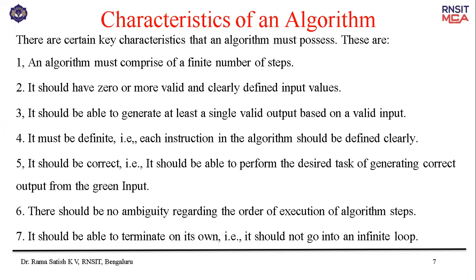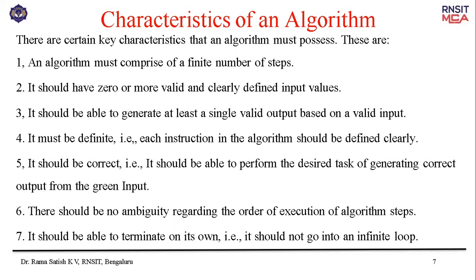Next, characteristics of an algorithm. See, why I am giving all these point-wise is because in the examination you have to write point-wise only. Normally they will ask for 7 marks: what are the key characteristics of an algorithm?